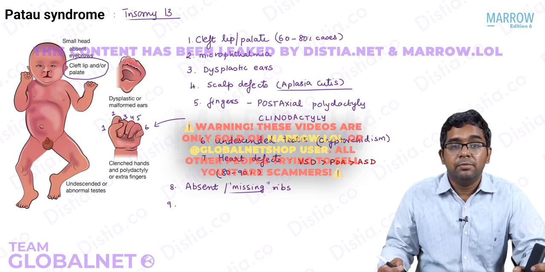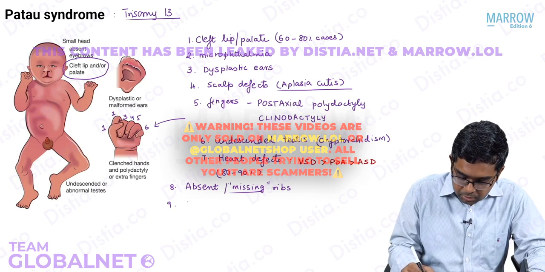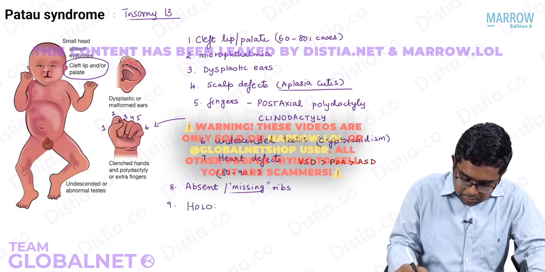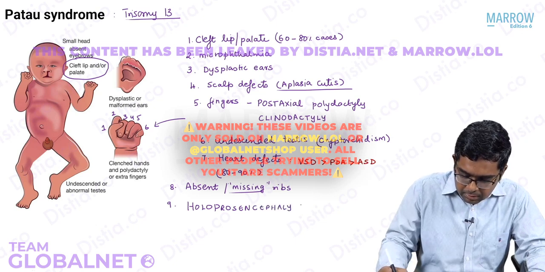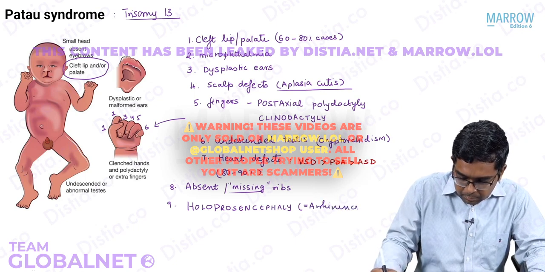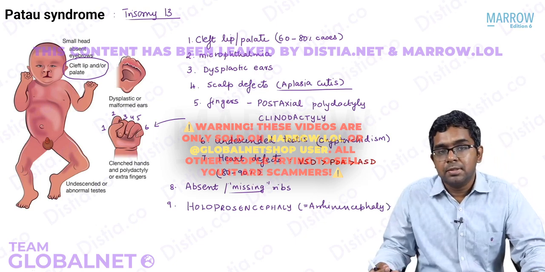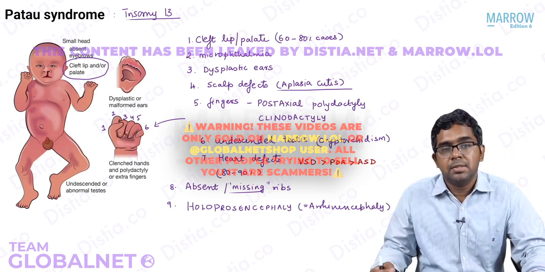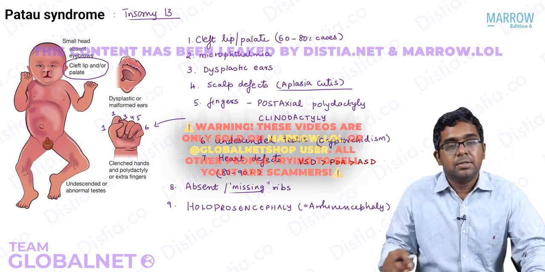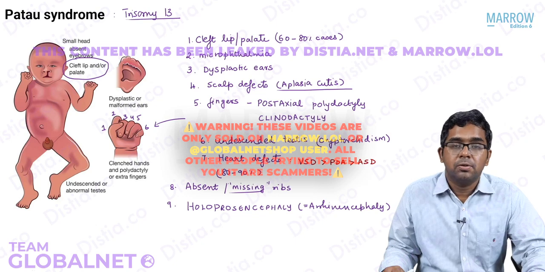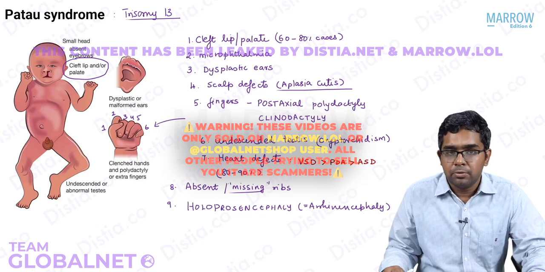And that too a very important anomaly which should be remembered is holoprosencephaly, which is also called arhinencephaly. More about the description of this neurological defect has been discussed in the modules under nervous system. So these are all the important associations of Patau syndrome or trisomy 13 that one should be knowing about.